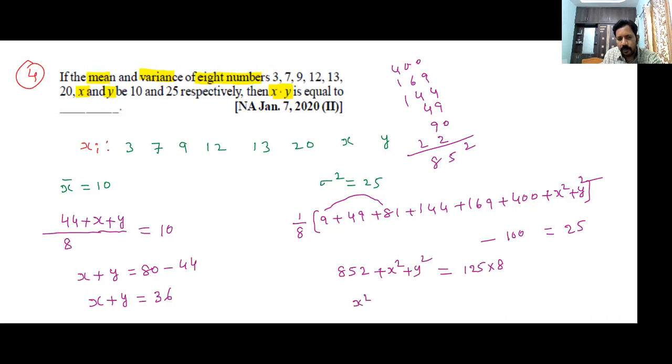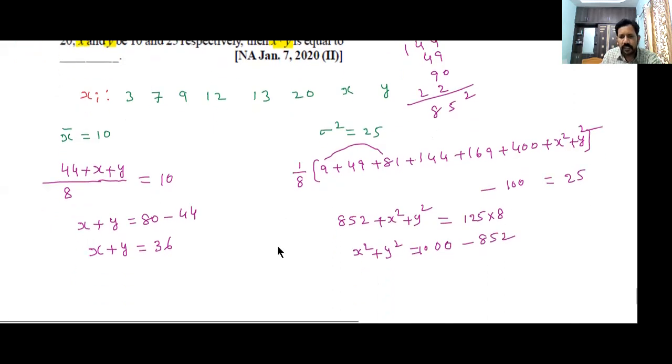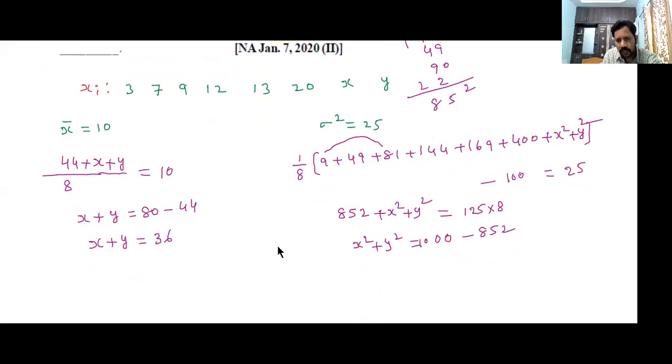So x square plus y square is equal to 125 into 8. How much? 8 5s are 40, 8 2s are 16, 20, 1000 minus 852. 1000 minus 852, how much? x square plus y square should be 148.